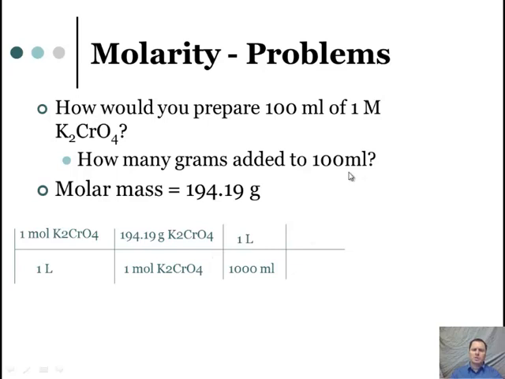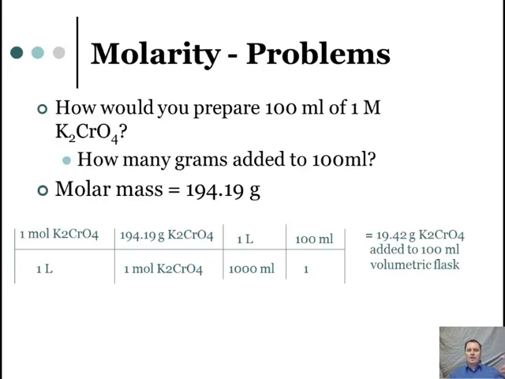But my question really is how many grams? So I have to get rid of my milliliters. This is where the volume comes in. I add on how much volume I want. Now my milliliters cancel, and I'm left with grams. I multiply and divide and end up with 19.42 grams. I'd get a 100 milliliter volumetric flask, add 19.42 grams of potassium chromate, then add the deionized water up to the 100 milliliter mark.